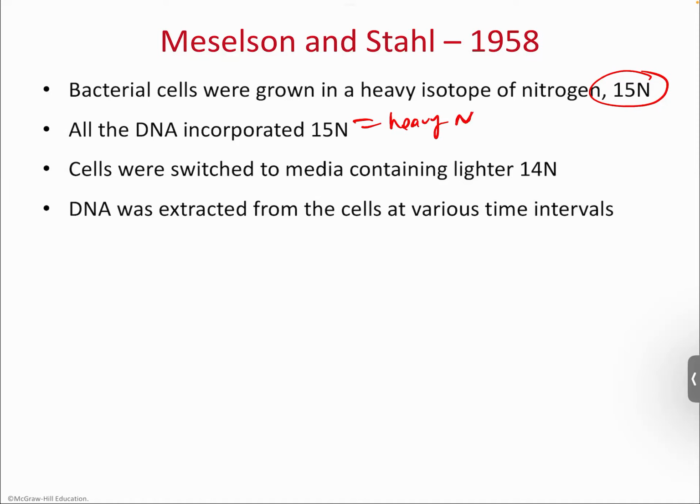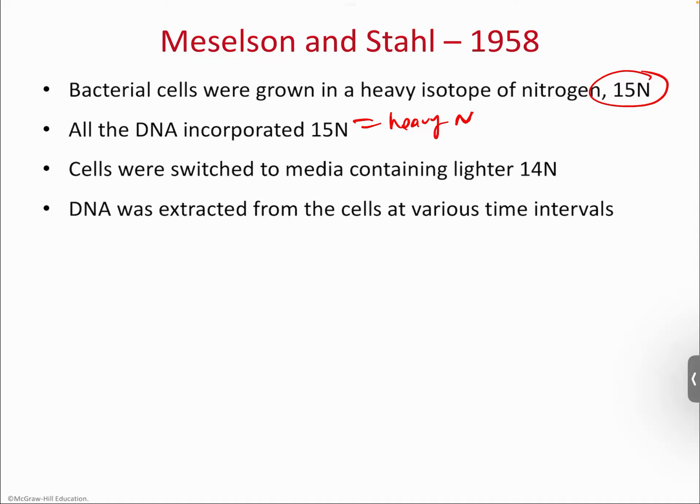It has an extra neutron in it, right? That's why it's 15 instead of 14. And then they allowed the bacteria to grow in this heavy nitrogen. So when they were building all of their bases, adenine, guanine, cytosine, those nitrogens that were in those bases, they were using the heavy nitrogen. So they're incorporating heavy nitrogen in everything they did.